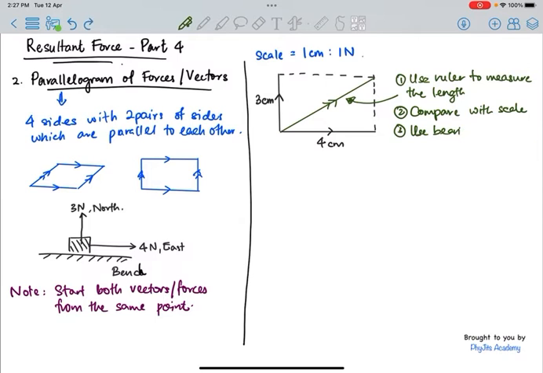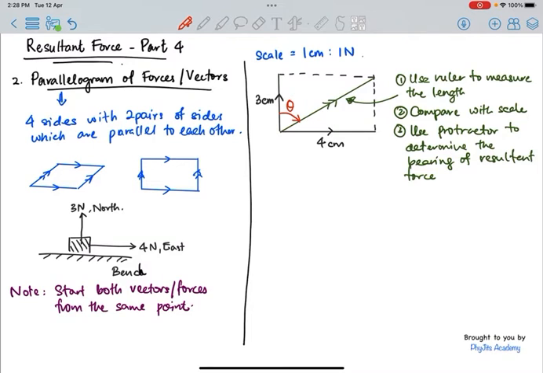Instead of saying bearing, I would say use a protractor to determine the bearing of the resultant force. In the case of bearing, it will be the angle from the 3 Newton force all the way to the resultant force.